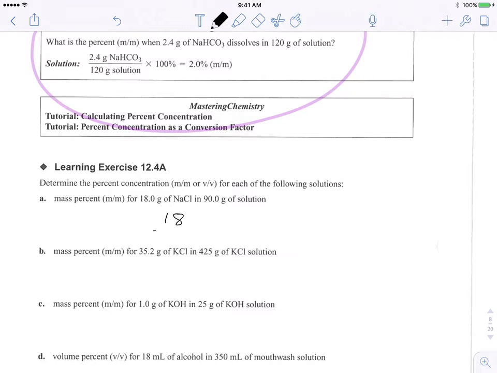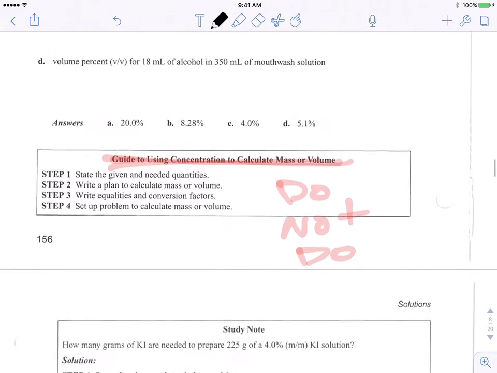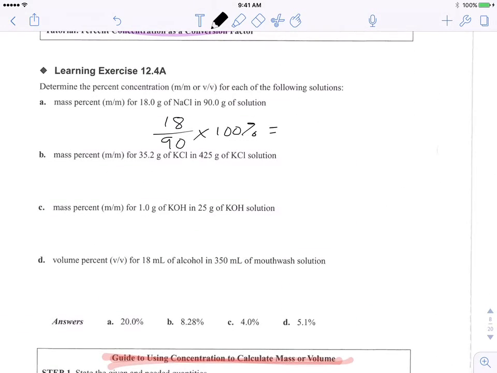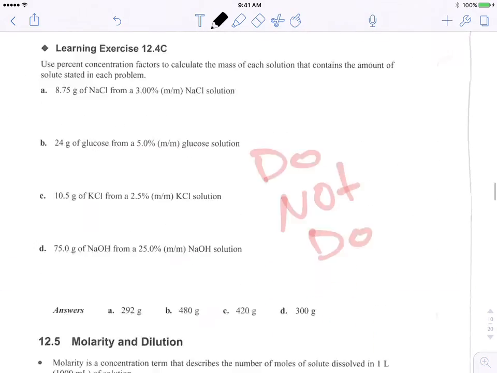So we're just going to do 18 divided by 90 times 100%. Whatever that is, that's what we get. Cool. So this is my solute. This is my solvent, or solution, sorry. Don't do this.